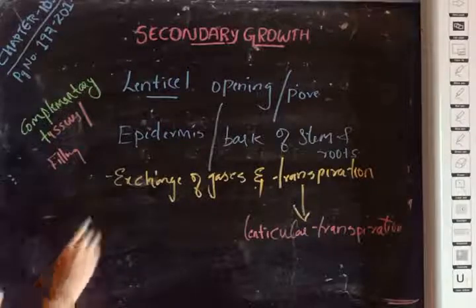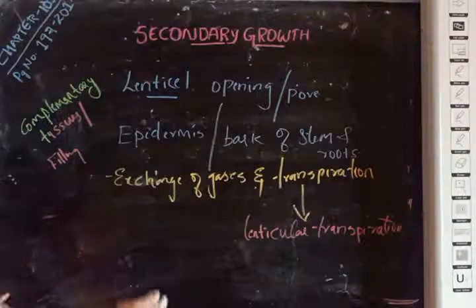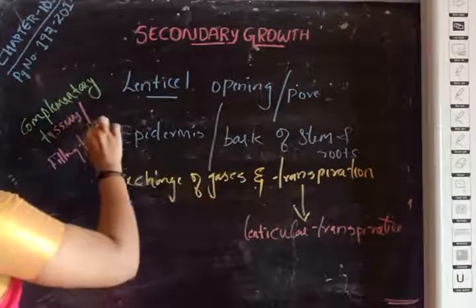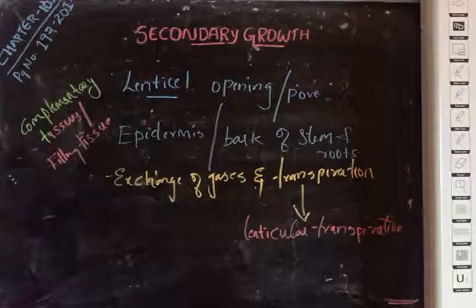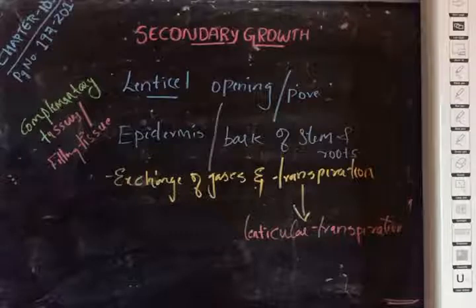When the phellogen in the lenticels becomes more active, a mass of thin-walled parenchyma cells is formed. Such cells are called complementary tissues or filling tissues.